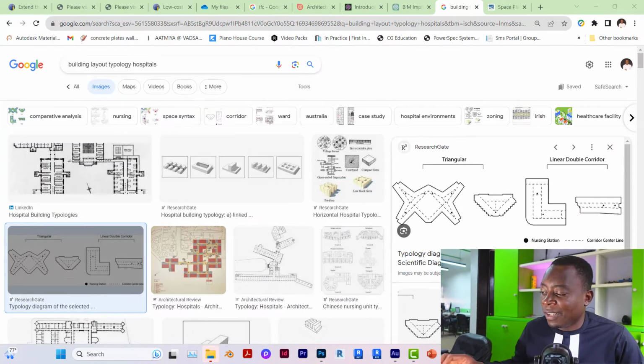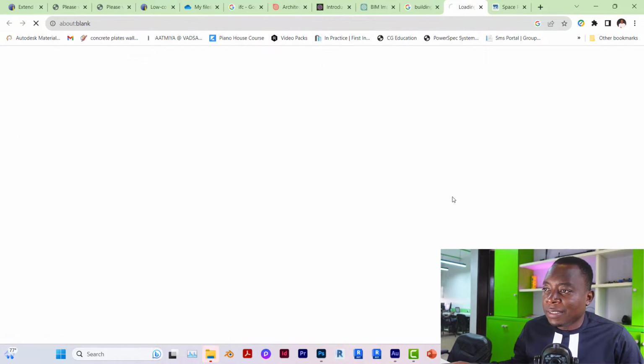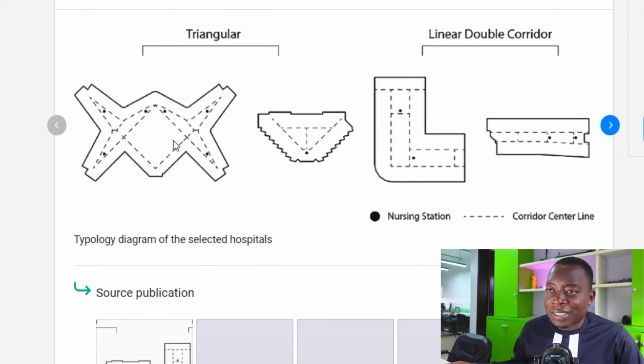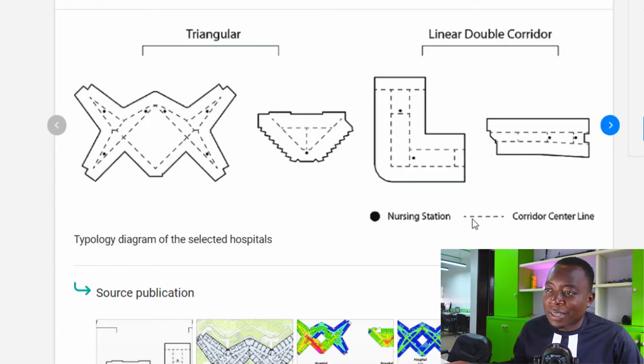Take for example, I just typed hospital typology design on my system. This is one of the images that popped out. If you look at this image, it has different typologies and indication of the nursing station and the corridor line. And this is very important because if you solve these problems, you've solved the design of hospitals.